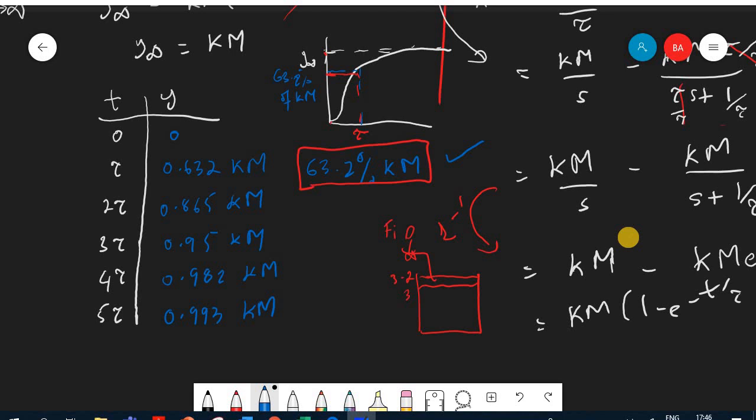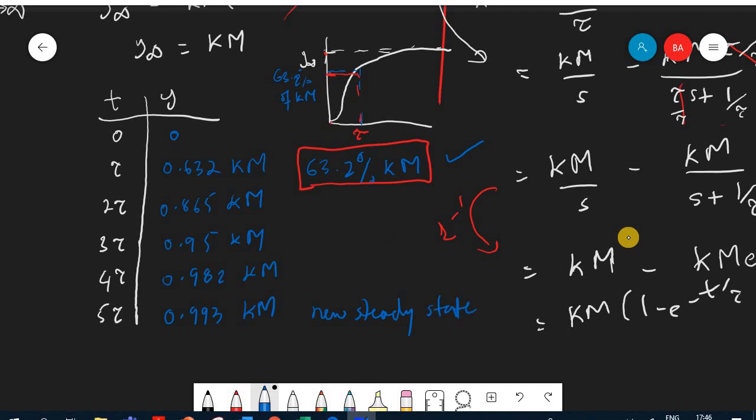The second good information that I want to obtain here for my process is that at 5 tau, it's like I'm reaching my new steady state. My new steady state value. Because I'm reaching 99% of Km, right?